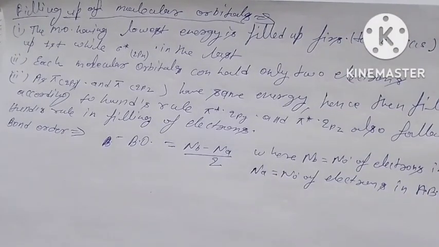When the number of electrons in bonding and antibonding molecular orbitals is equal, the bond order is 0.